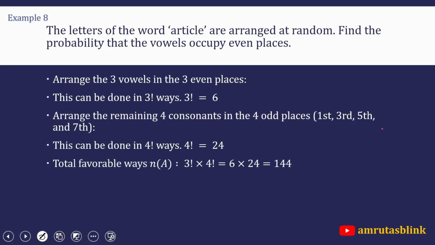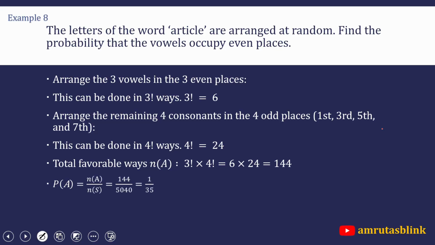Hence the total number of favorable ways, that is n of A, is equal to 3 factorial into 4 factorial. 3 factorial is equal to 3 into 2 into 1, which is equal to 6, and 4 factorial is equal to 4 into 3 into 2 into 1, which is equal to 24. So n of A is equal to 6 into 24, which is equal to 144, and n of S we had already calculated, that is 5040.